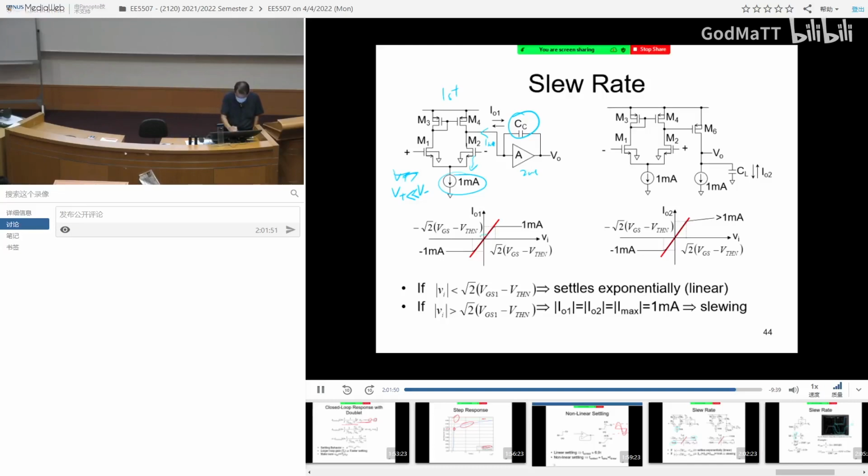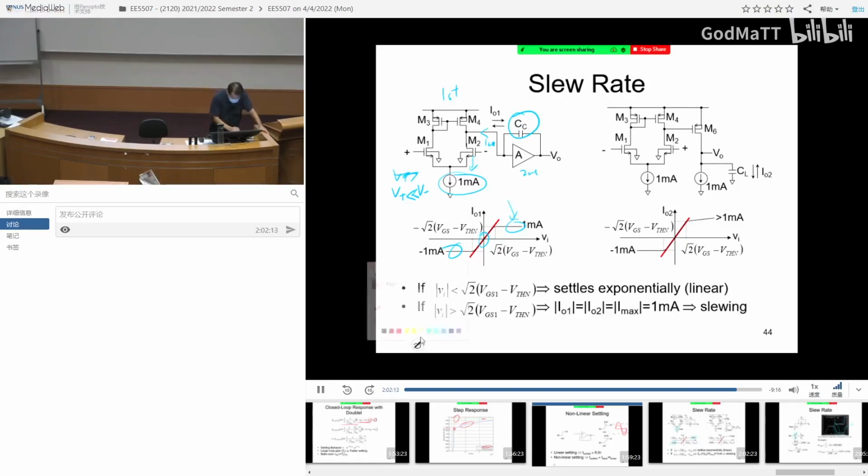So if you are in this range, your current is actually a linear system. It will change according to the voltage. But once you reach this range, your current becomes constant, and you will not be able to charge or discharge the circuit according to the voltage difference. That is when the clipping happens.